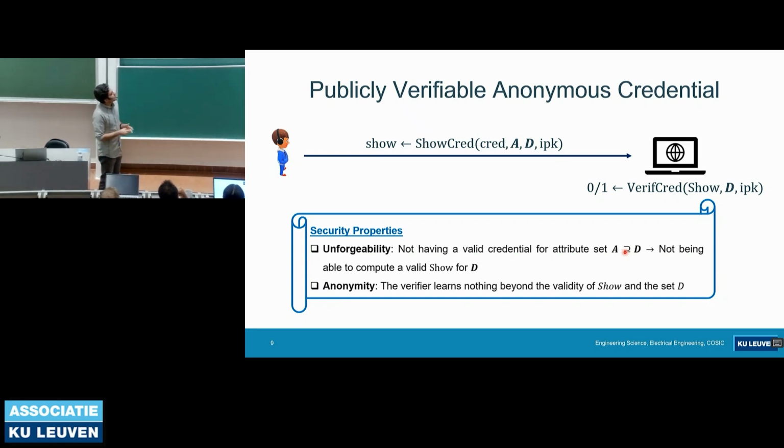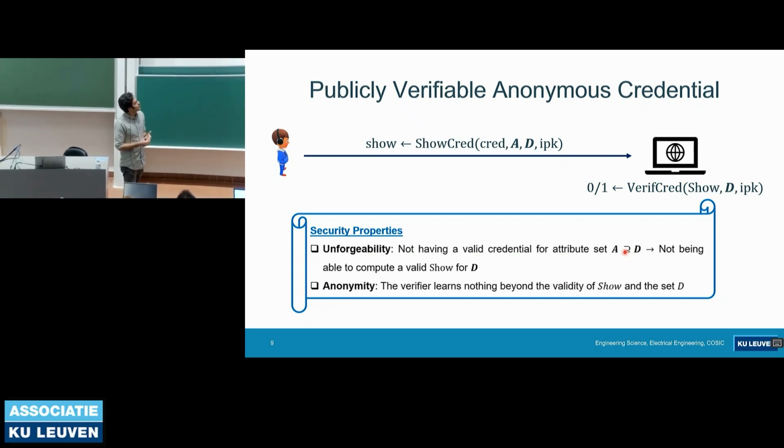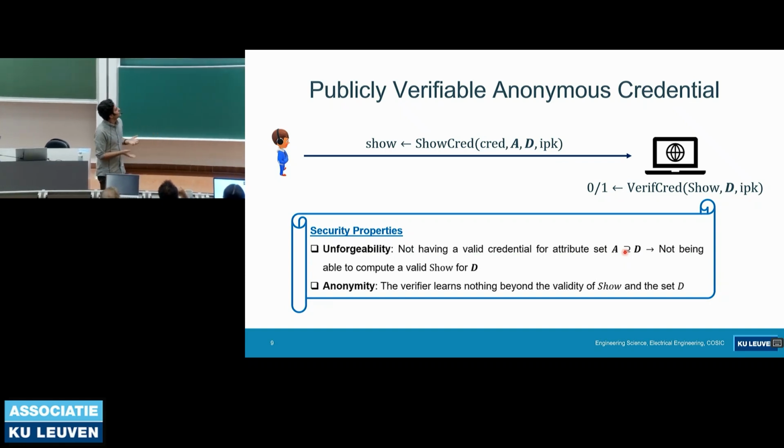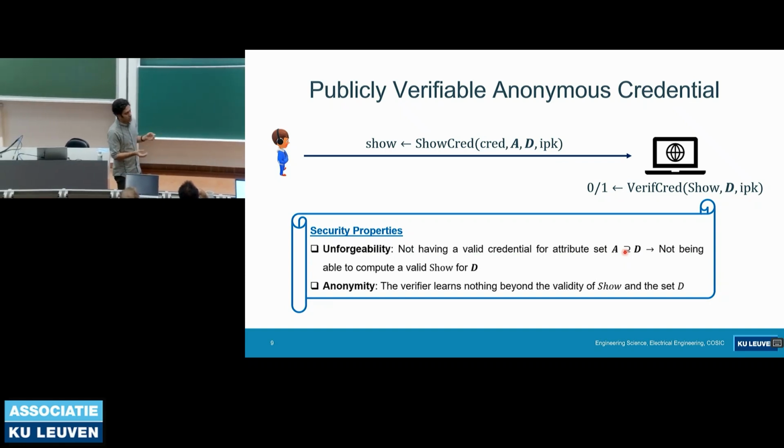And anonymity says that the verifier should not learn anything beyond the fact that this user has a valid credential on an unknown set, which is a superset of D, and that's it.